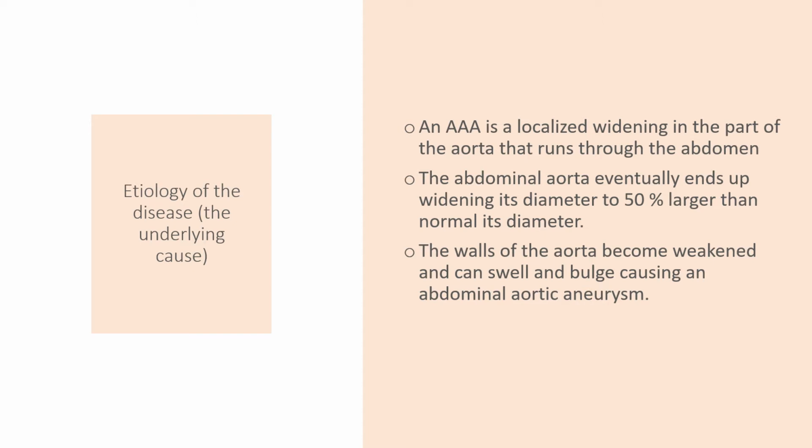Several things can play a role in the development of an abdominal aortic aneurysm, including hardening of the arteries, also known as atherosclerosis, which occurs when fat and other substances build up in the lining of a blood vessel. High blood pressure can damage and weaken the aorta's walls.